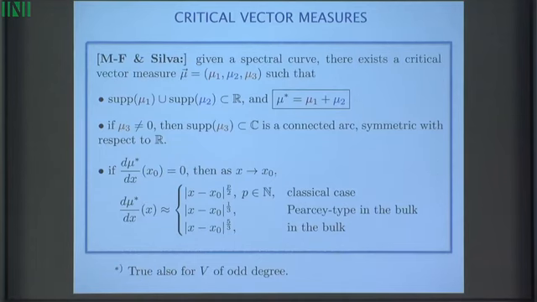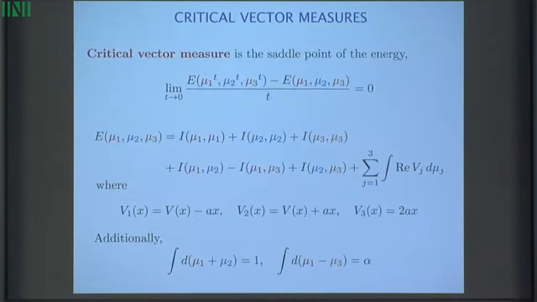You give me a spectral curve, and then I will find a measure of three components such that this energy, this is a perfectly defined energy regardless of the spectral curve. What I take from the spectral curve is the definition of V, right? V1, V2. You gave me the spectral curve, and V is the coefficient in the spectral curve, right?